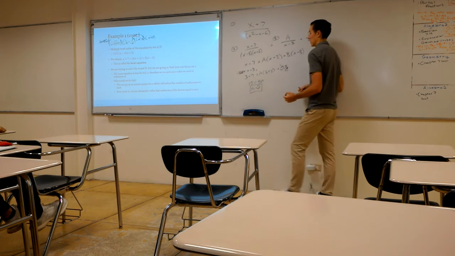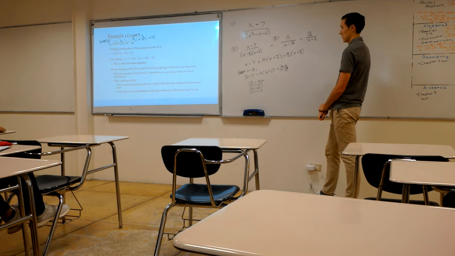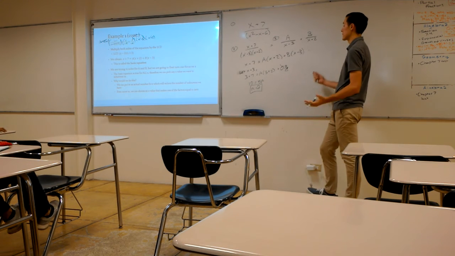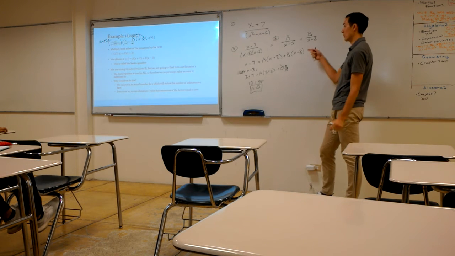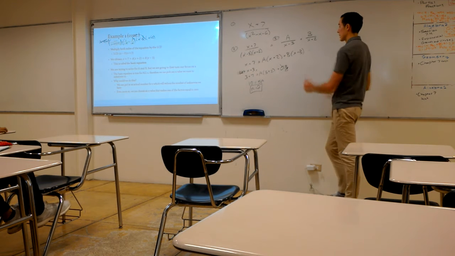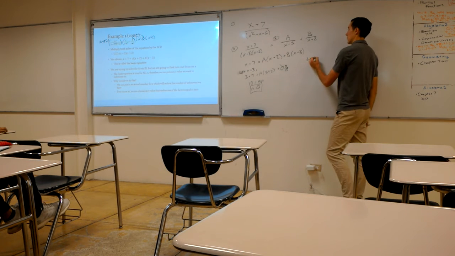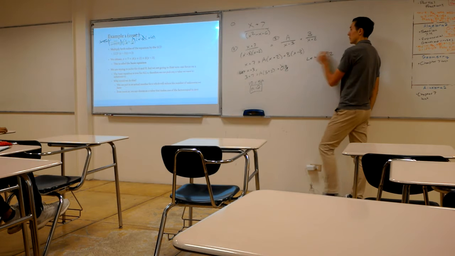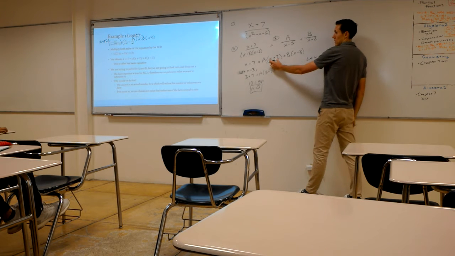So every time you do it, you're going to try to make x equal one of the numbers so that one of them gets canceled. Yes. Because now I don't know what B is, but I'm going to go back to my equation, and this time I'm going to say, what if x is negative 2? Negative 2, because that causes this to be 0.